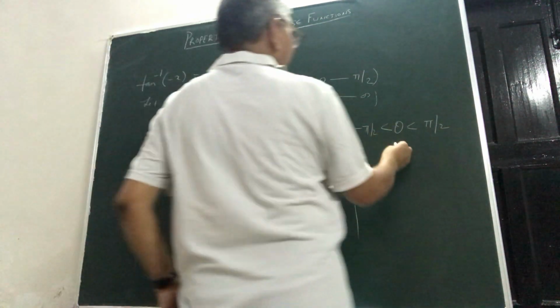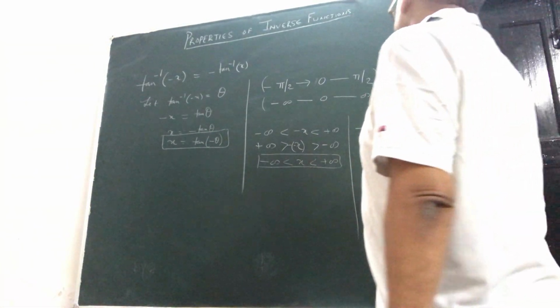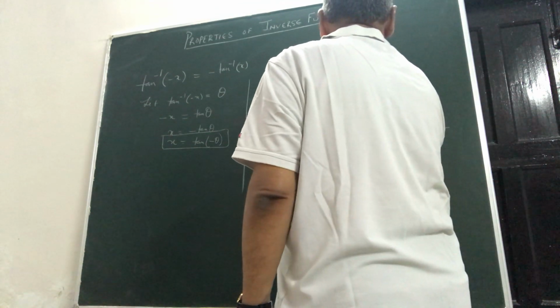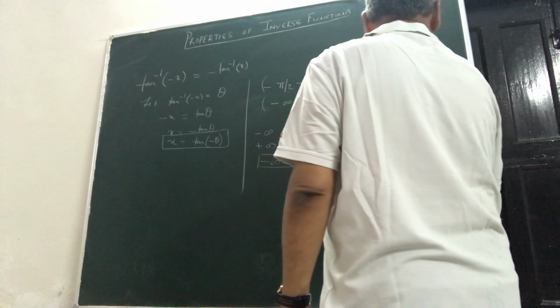So here let's see, theta lies between minus pi by 2 and pi by 2. Then obviously by the same analysis, minus theta will also be lying between minus pi by 2 and pi by 2. Easy to see.